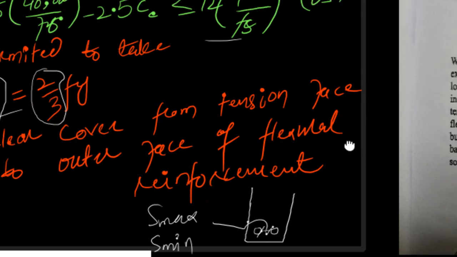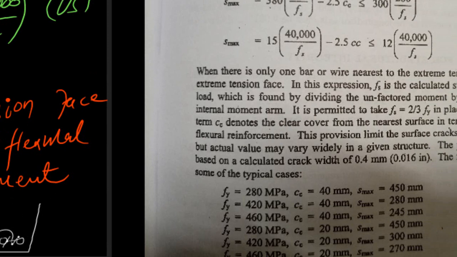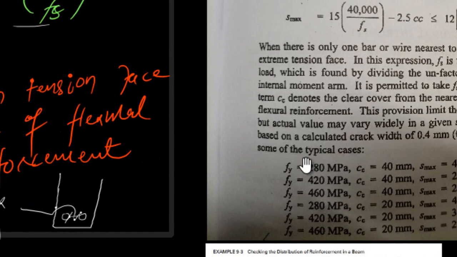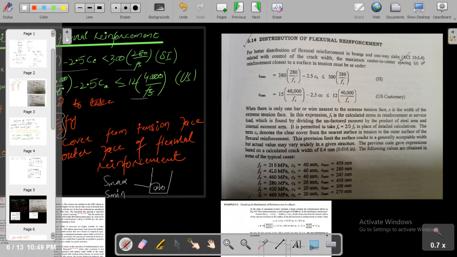Now you can see here the complete detail of these equations. In SI units, for 280, which is about 420 MPa steel, the S max value is 450 millimeter.